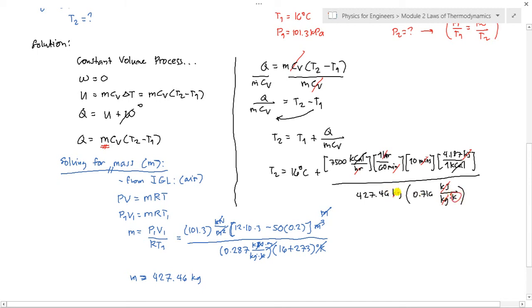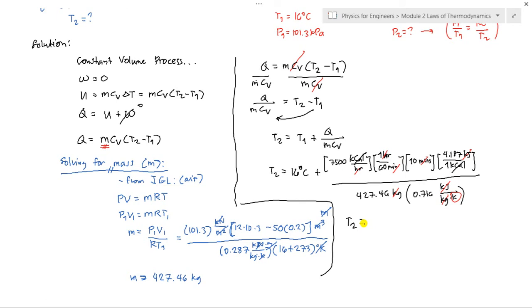What's left is a unit of temperature, degrees. Therefore, T2 is equals to 16 plus 7,500 times 10 times 4.187 divided by 60, then divided by 427.46 multiplied by 0.716.